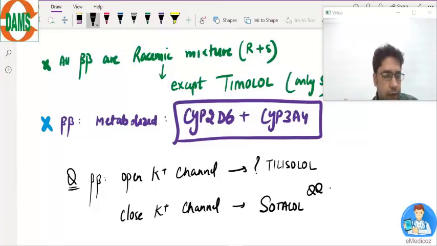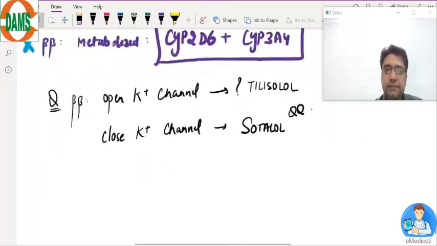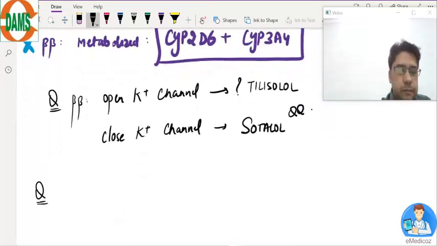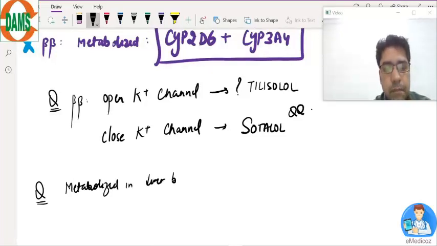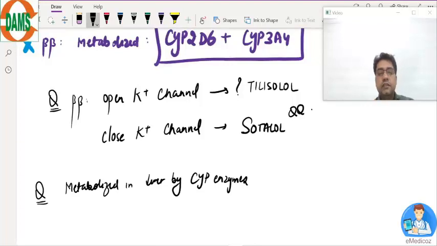And the last property of beta blockers, we will write that certain beta blockers are metabolized in liver by CYP enzymes.